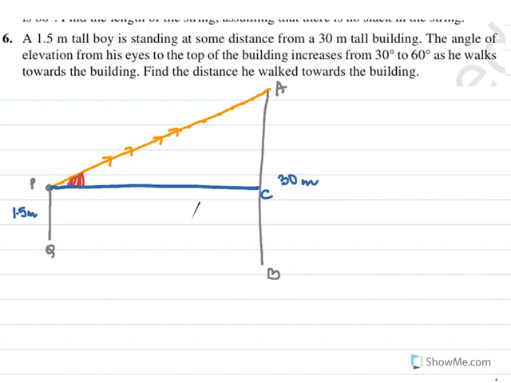This is our angle of elevation, and they said the angle of elevation increases from 30 to 60 as he walks towards the building. So now it is 30. Now this boy is walking towards the building. He is moving towards the building like this. Now he is in this position.